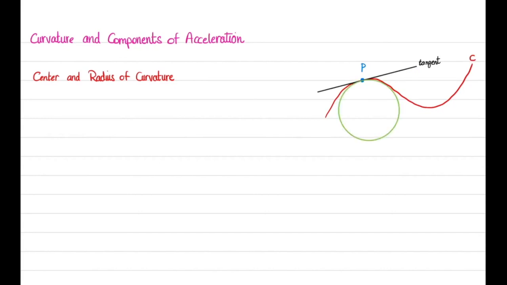So let's say that this is the best circle that can fit on curve C at point P. Then the center of this circle will be the center of curvature, and its radius will be the radius of curvature. And we denote it by rho. The radius of curvature is the reciprocal of the curvature.